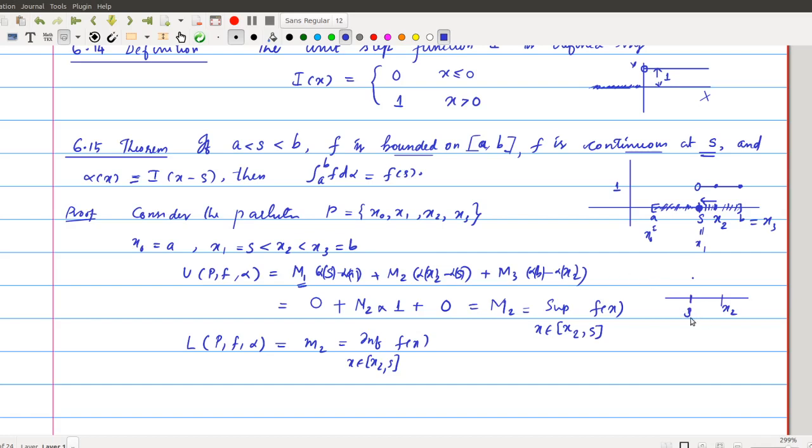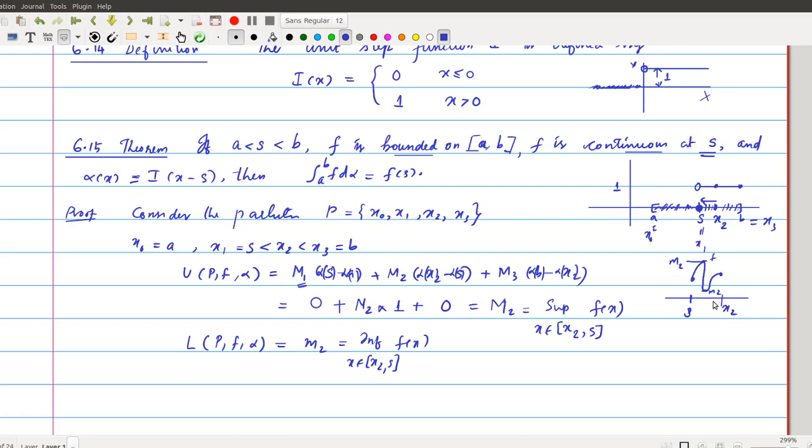This is because if we consider the interval [s, x2] here, and suppose this is our function, the behavior of f in this interval, then you get this maximum value capital M2, and this is our small m2, the minimum value of f.